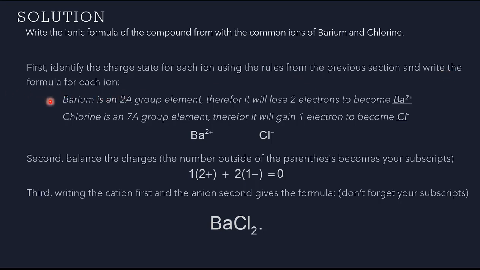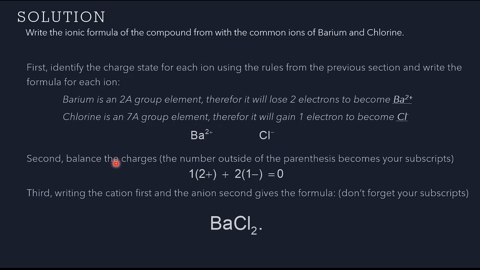So if you go to the periodic table, you should find that barium is a 2A group element. Therefore, it will lose 2 electrons to become barium 2+. Chlorine is a 7A group element. Therefore, it will gain 1 electron to become chloride 1-. So we can write that down, barium 2+ and chloride 1-.